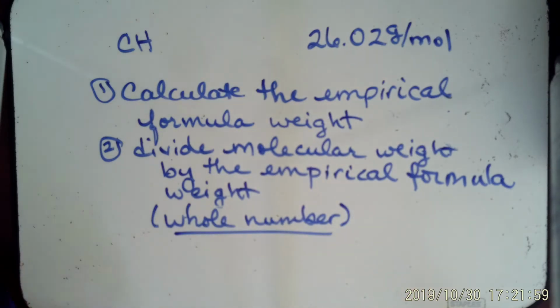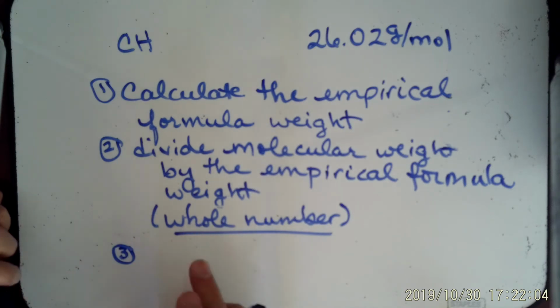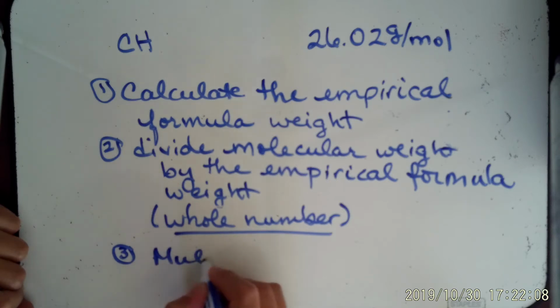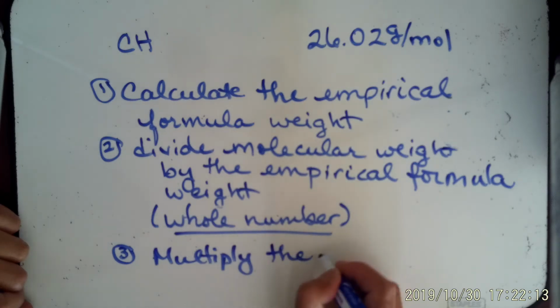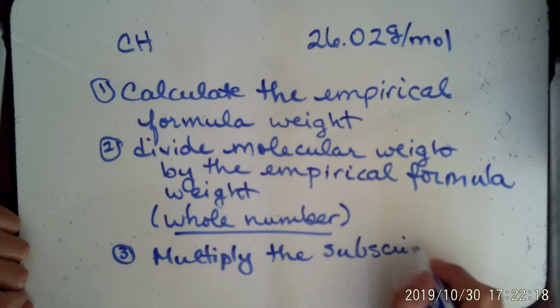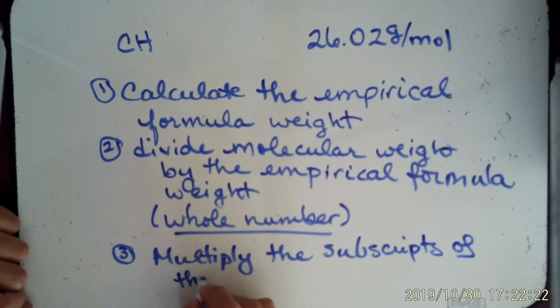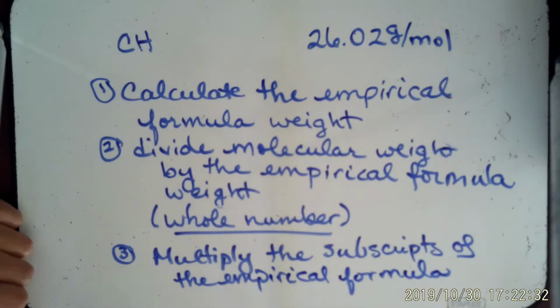It should be a whole number, really close to a whole number. And really close is just like what we were discussing for empirical formula. And 3, you're going to multiply the subscripts of the empirical formula by your whole number obtained in 2.